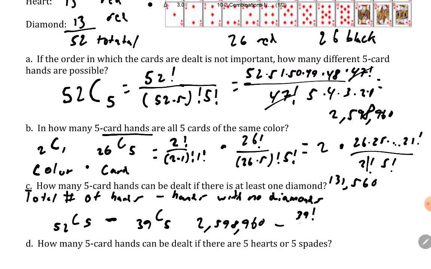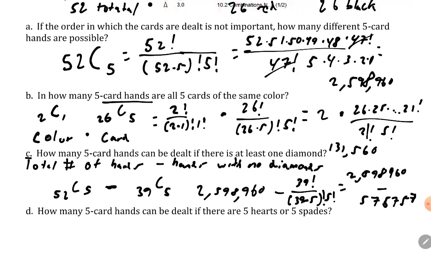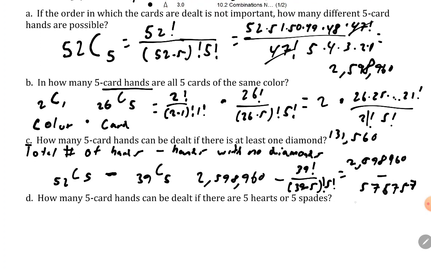So that's 39 factorial over 39 minus 5 factorial times 5 factorial. So this would be 2,598,960 minus 575,757, which will give us 2,023,203 hands.